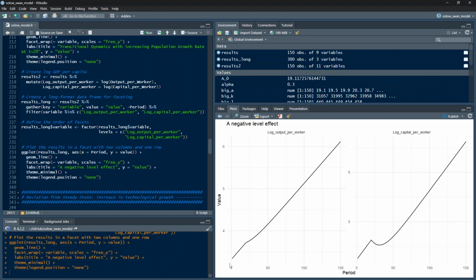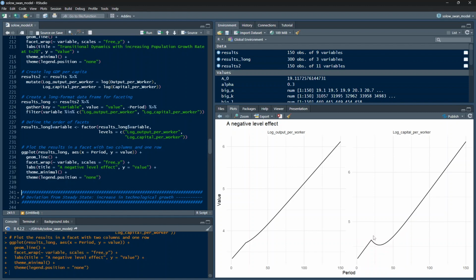So initially the economy is tending on at its steady state growth rate, and then when the population growth rate increases, there's this negative level effect that occurs. It's more pronounced here on the capital side. We have this negative level effect.